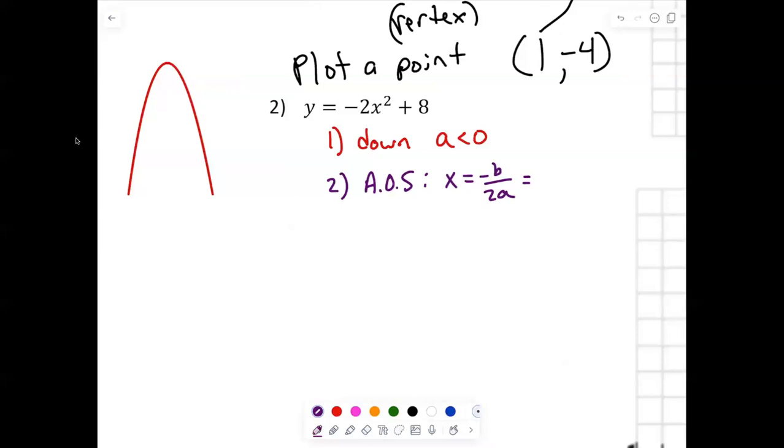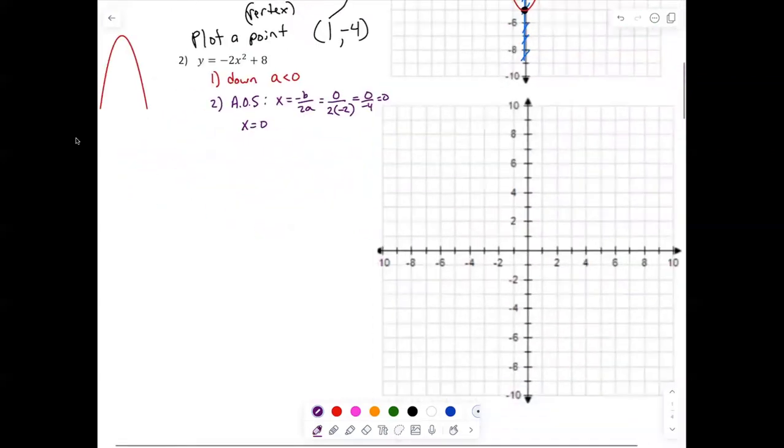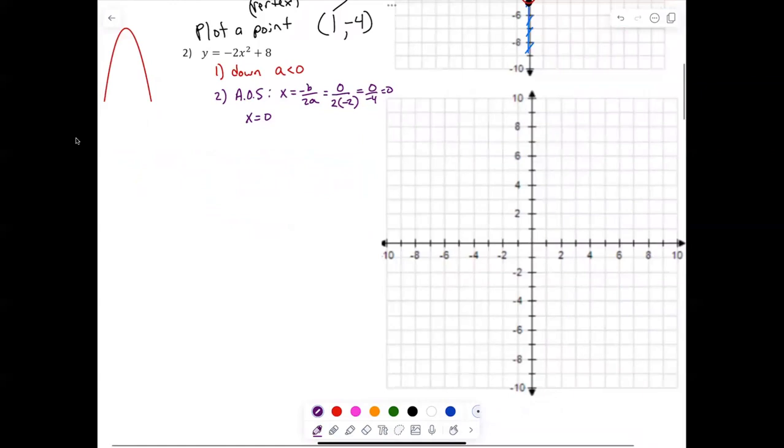Is there an x term? Therefore, b is 0. 0 divided by 2 times, somebody tell me what a is. Negative 2. Thank you very much. a is the number in front of the squared term. What's 0 divided by negative 4? 0. So the axis of symmetry is x equals 0. So now go to your graph. x equals 0 is a vertical line. Here we go.